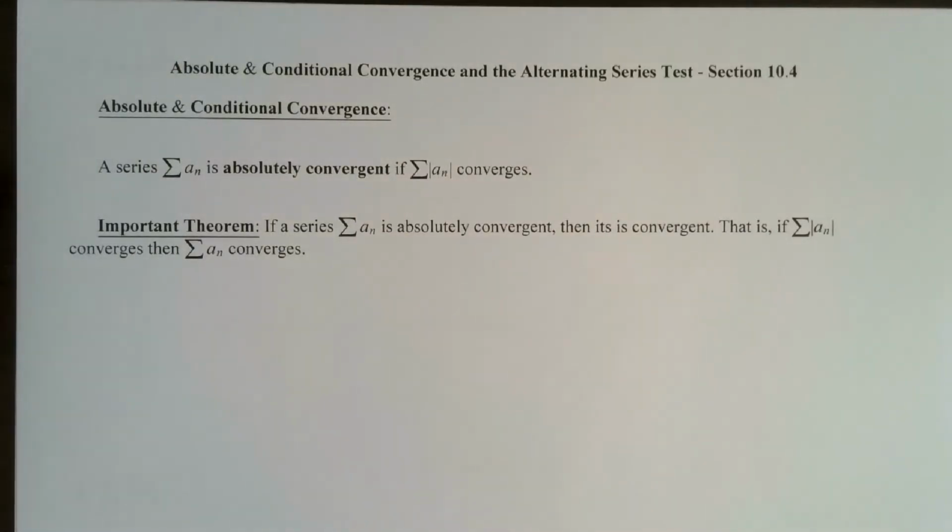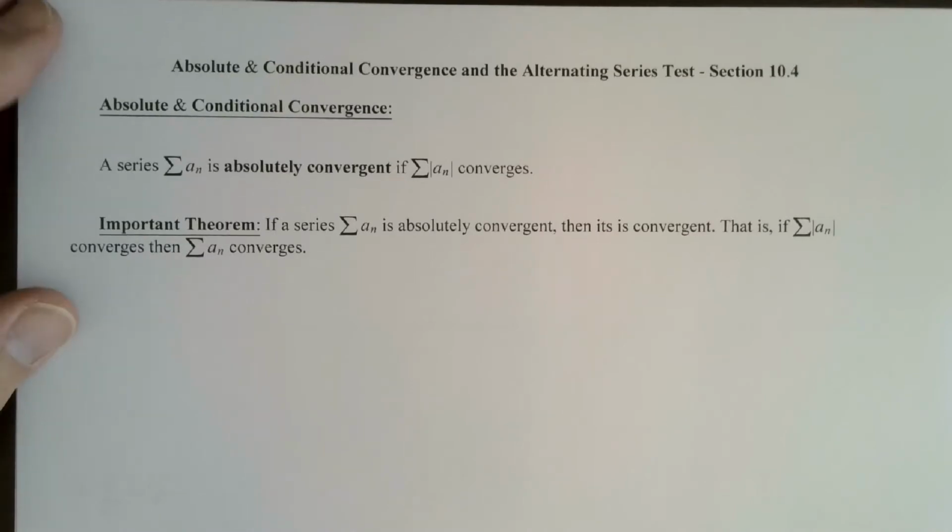In the previous lecture, we were looking at infinite series where, for the most part, all the series had positive terms. The sequence of terms we were adding up did not have negative values.